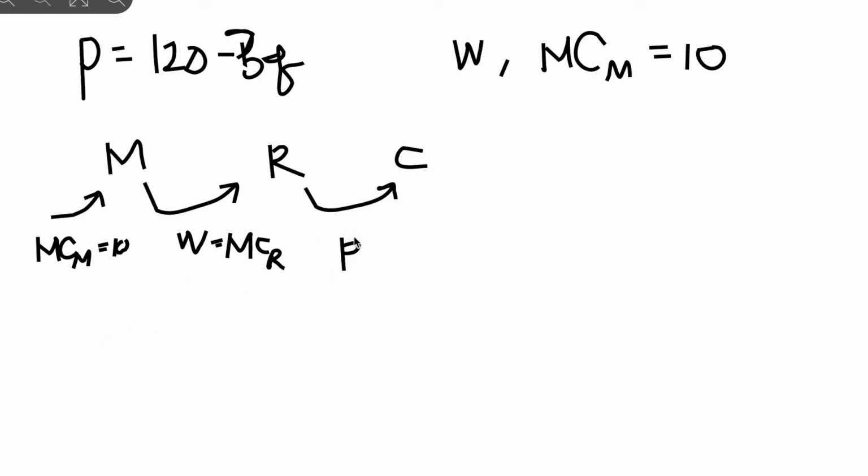So we only have the P demand curve from the consumer side, the relationship between retailer and consumer. We only have that equation. So from here, we'll get W, the demand curve for the manufacturer.